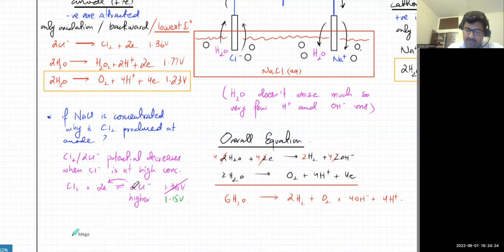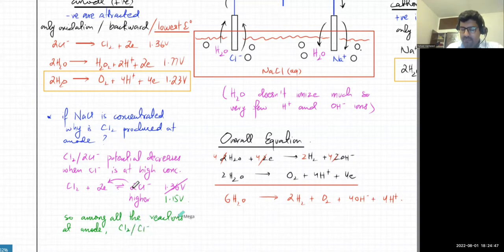So among all the reactions at anode, the Cl2, Cl ion electrode becomes the lowest potential.